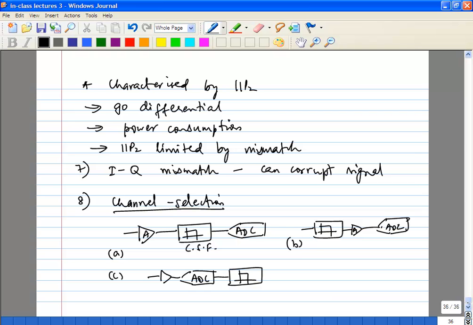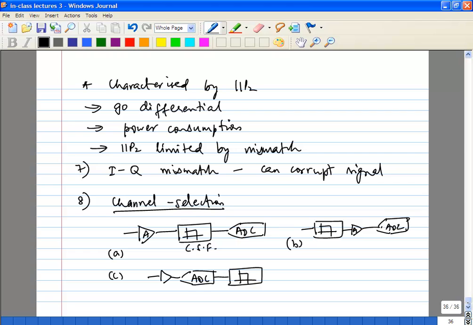But once you cut down the interferers, your amplifier can be non-linear and you won't see a problem with that. If you do it this way, the amplifier needs to be very low noise and it has to be very linear. Each one has its own trade-offs and its own problems. You are pushing the problem to one or more of the blocks in each case.